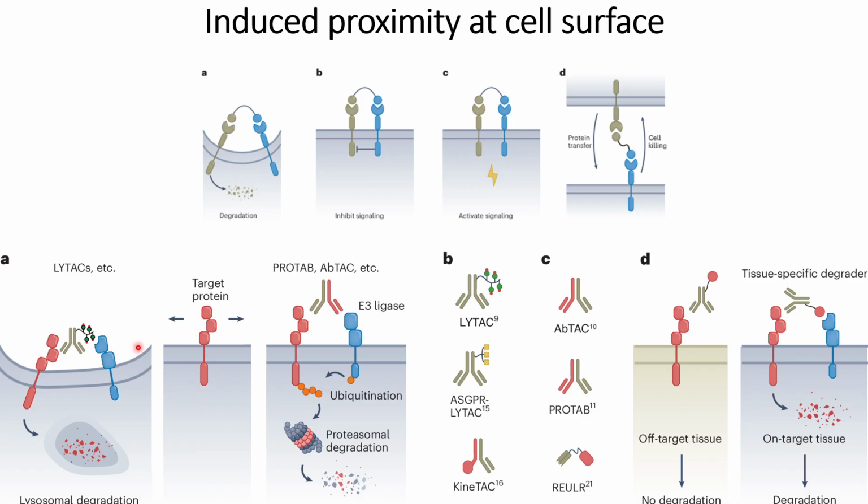So one way to degrade these target proteins is through lysosomal degradation, and the other way is through E3 ubiquitination.